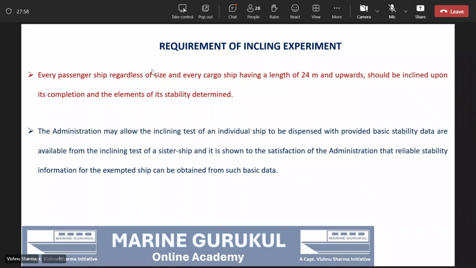The administration may allow the inclining test of an individual ship to be dispensed with, provided basic stability data are available from the inclining test of a sister ship, and it is shown to the satisfaction of the administration that reliable stability information of the ship that is being exempted can be obtained from the data of the previous one.